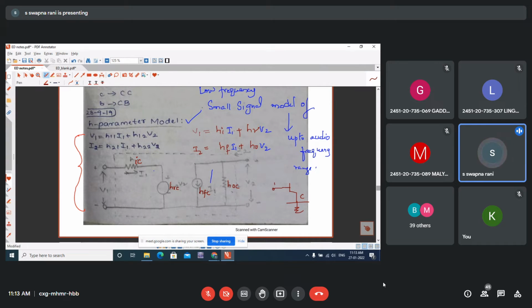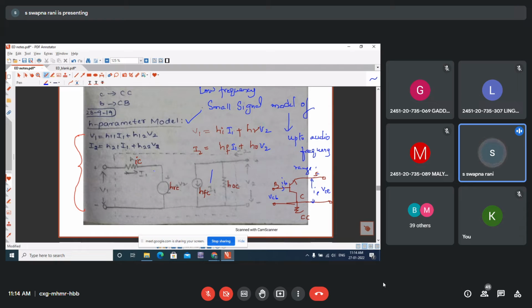So this is base and this is emitter. In common collector, input current is IB, VCB, VCE, and IE.